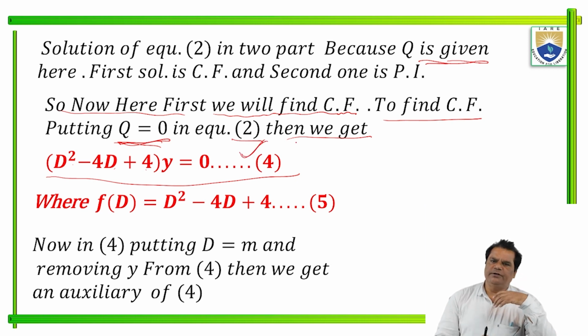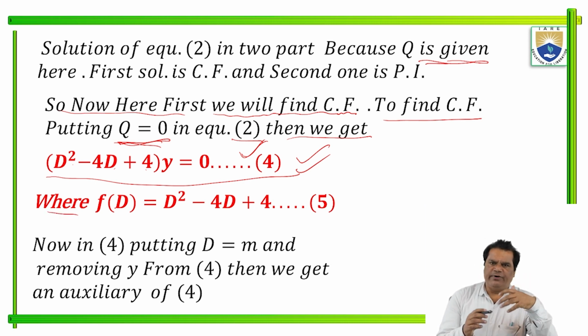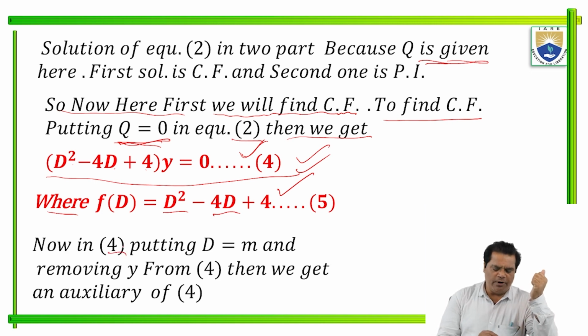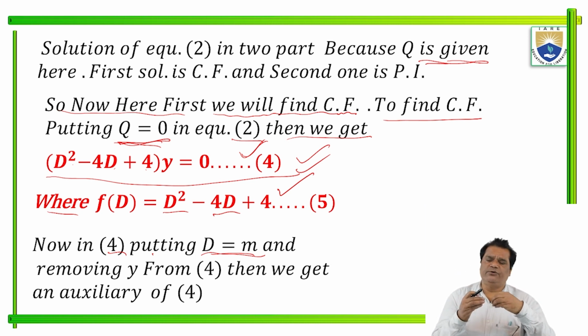In equation 4, we see that the right hand side is 0, because I am putting Q equal to 0. What is F(D)? F(D) is the function of D, D square minus 4D plus 4. This is F(D).